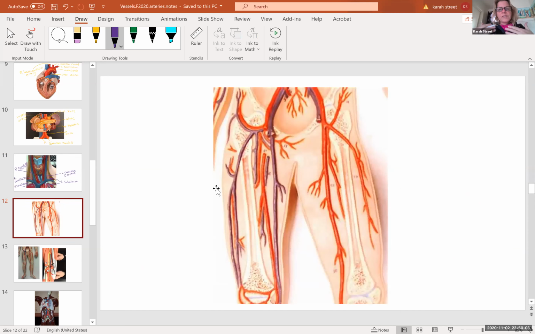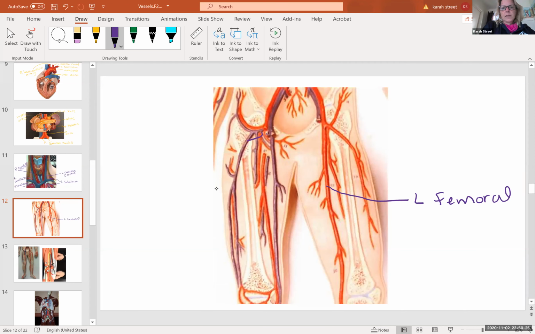And we've seen this model already. Now we're just a little bit more up close. So here is the left femoral artery. And again, on this side of this model, the right femoral artery has been cut away, so we can see deeper vessels below it, most notably the right deep femoral.